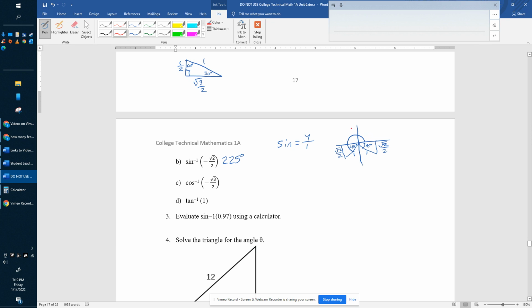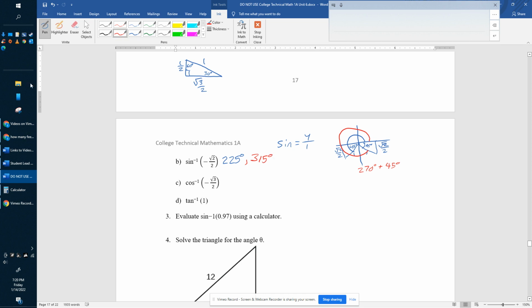It could also be this angle. Now what's that angle? So this is 90, 180, 270 plus 45 degrees. So it could be 225 degrees and it could be 315 degrees.